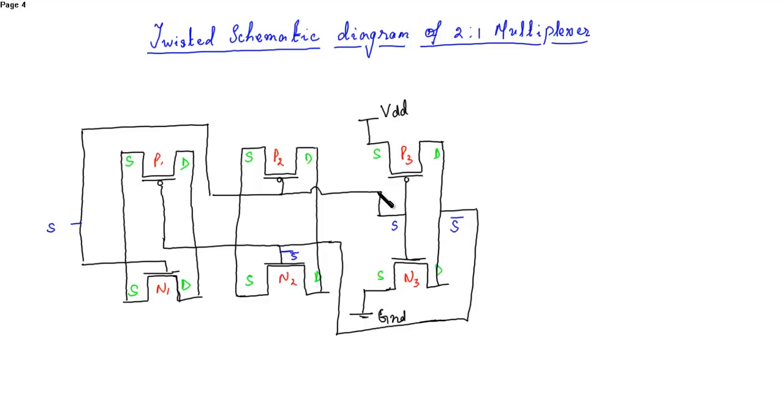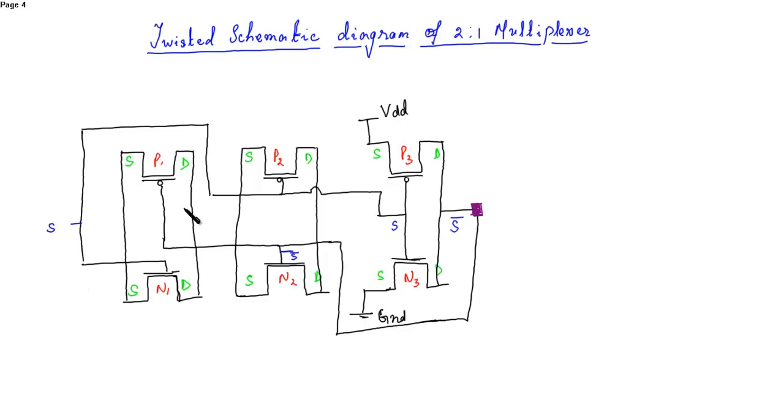Now you can see that there is overlapping between the metal layer and the poly layer. This is poly to poly, but here there is an overlap between the metal and the poly layer. So here you have to place a poly contact in the layout. I'm just showing it here.